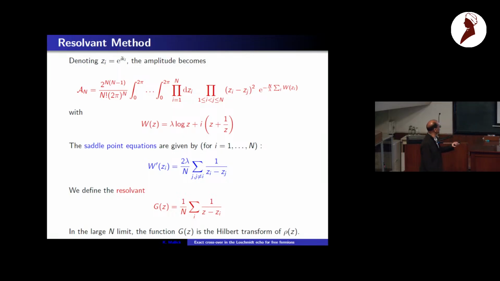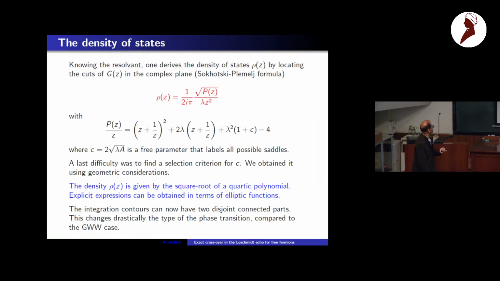Once you have the resolvent, by doing some manipulations, you can retrieve the value of your optimal density. So you can get the optimal density in a clean way. All in all, your optimal density involves the square root of a fourth-order polynomial, so it's related to elliptic functions.